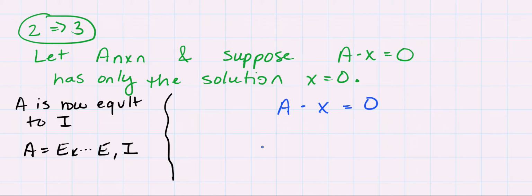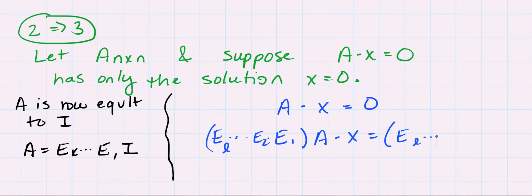So let's just say that we're going to multiply by some elementary matrices. Let's say there's L of them on both sides. This will put us in an upper triangular form.